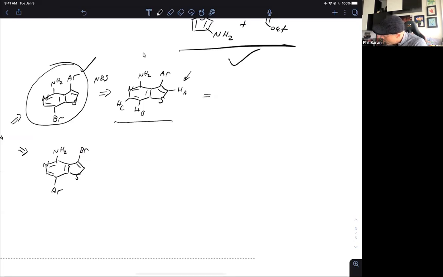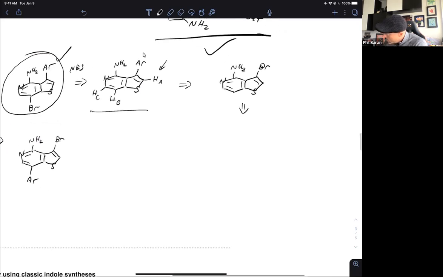Now we need to move backwards again, and that leads us down a road towards this brominated pyridothiophenol. Much simpler than the starting material. So thinking about how we might make that, there's a few ways to think about it, but we could use what we did in the earlier problem of the day, which is to imagine, well, this NH2, it could represent a nitrile, but it might also just represent the product of a POCl3 followed by ammonia.